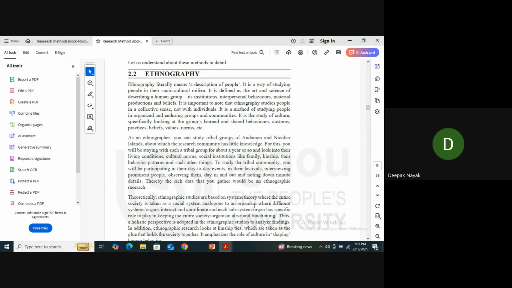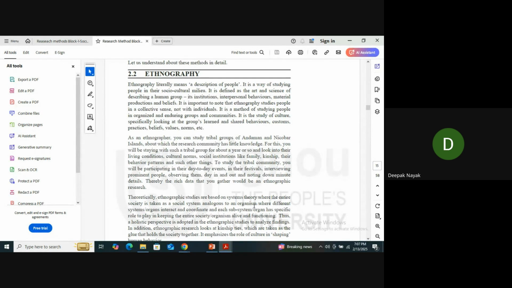In ethnography, generally the study is not done from the perspective of individual persons, but from the perspective of the group of people, that ethnic group.